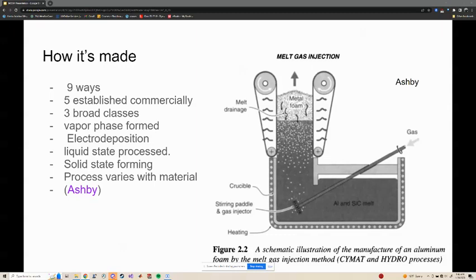Often a metallic powder is sintered into either the metallic foam shape or sintered with a trapped gas under high pressure that is then expanded during sintering to create sort of a blown up metallic structure. These processes all vary with the type of material, with some processes being ideal for certain materials and not for others. So what your end product material is specifies your, or at least limits your processes.